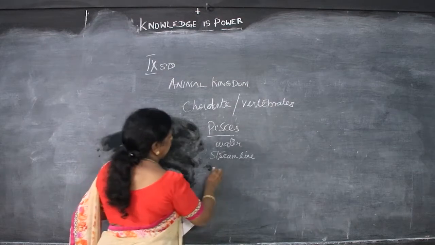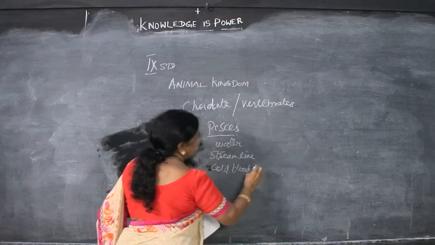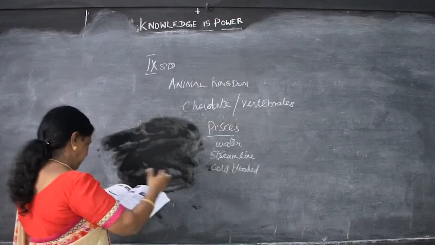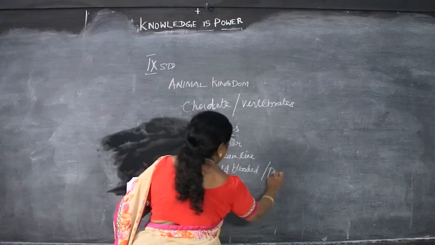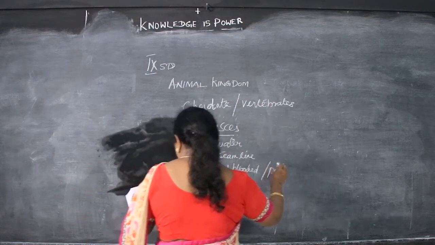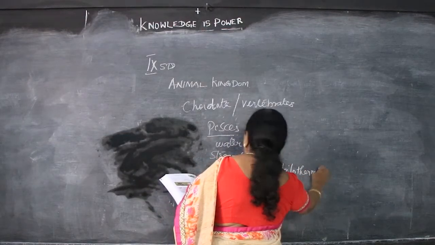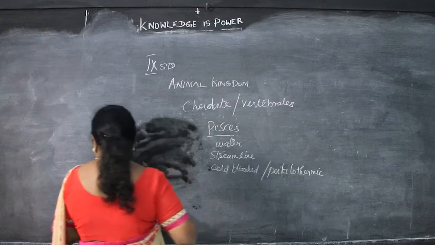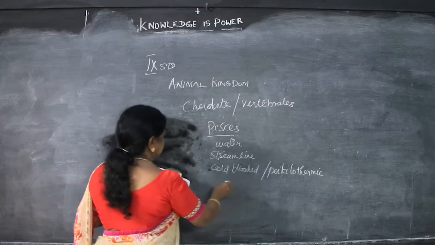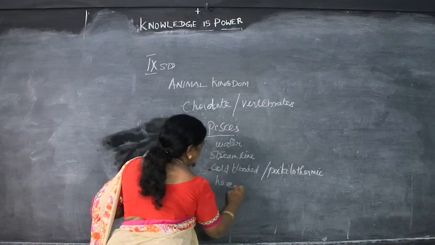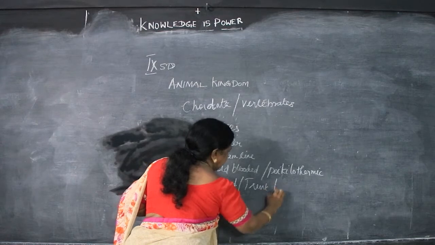It is a cold-blooded animal, otherwise known as poikilothermic. The body is divided into head, trunk and tail.